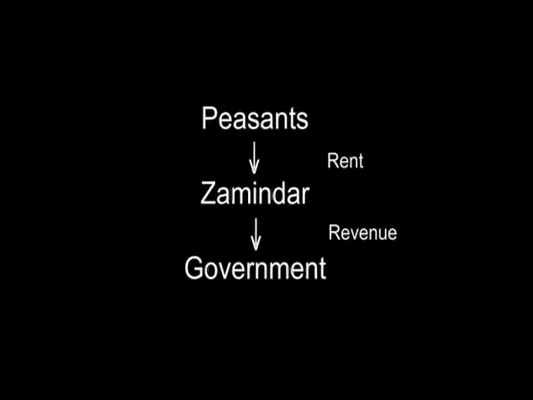Now, both the peasants and the landlords were to pay off their dues to the state. The peasant paid rent to the zamindar, and the zamindar paid revenue to the colonial state.